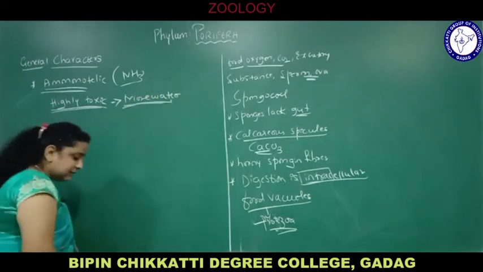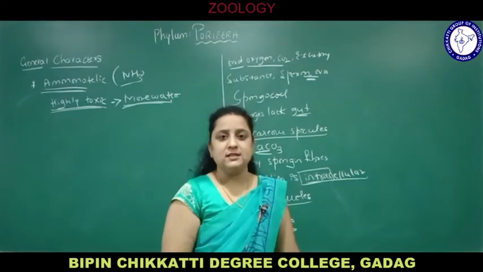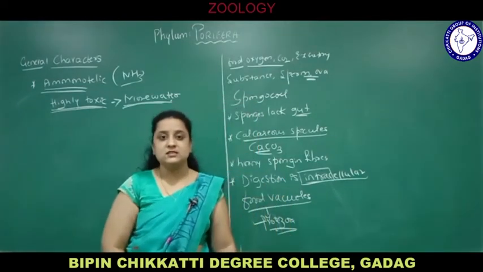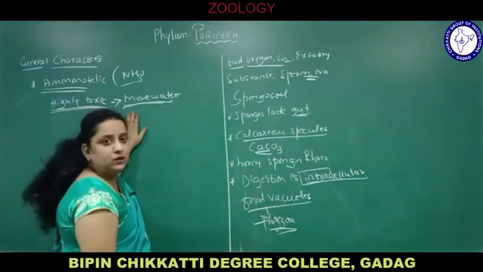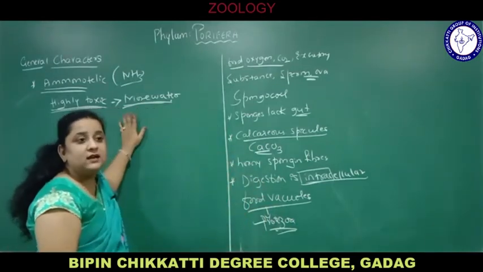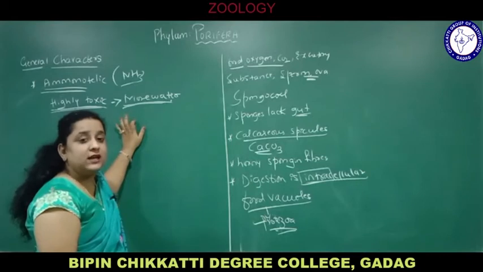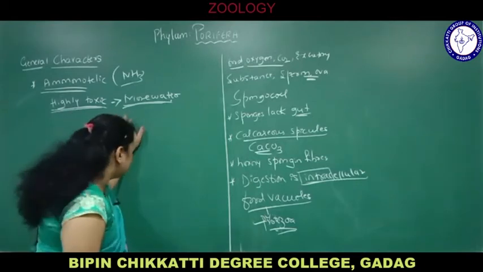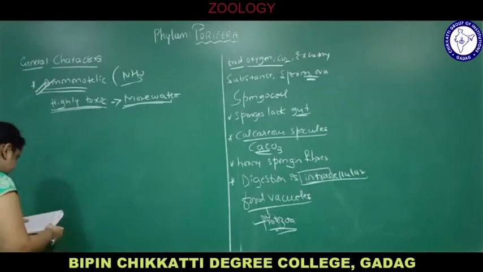Aquatic animals are mainly ammonotelic because they live in water itself, and they have a lot of water for elimination of waste. Animals living on land are either ureotelic or uricotelic because they do not require much water, since urea and uric acid are not as toxic as ammonia.